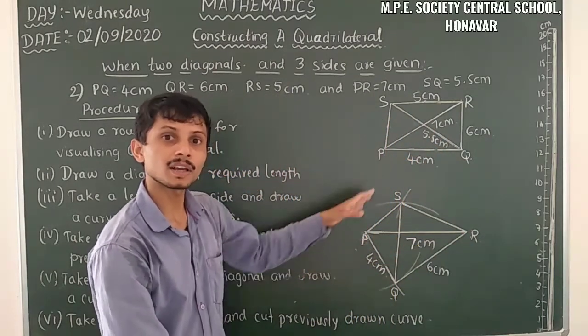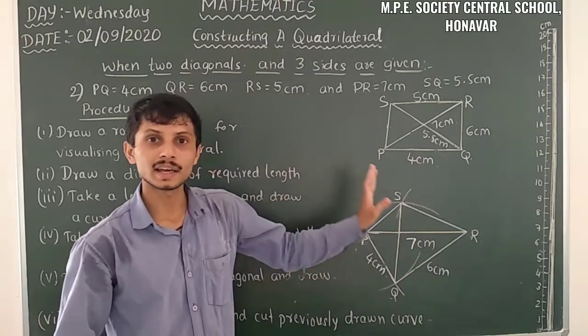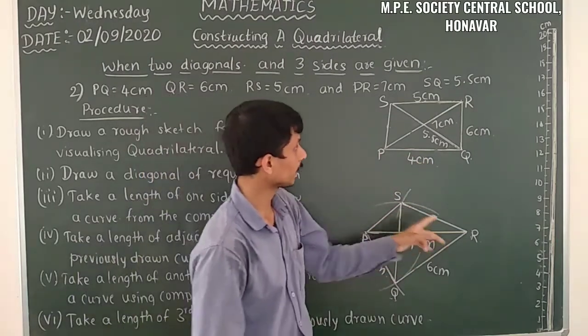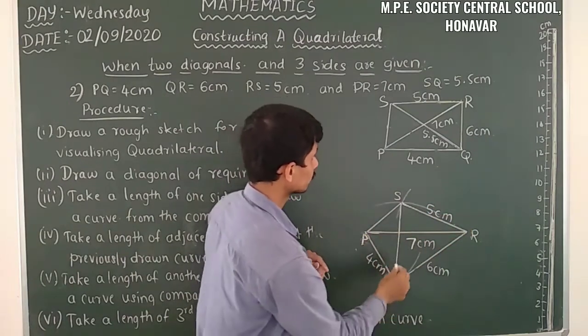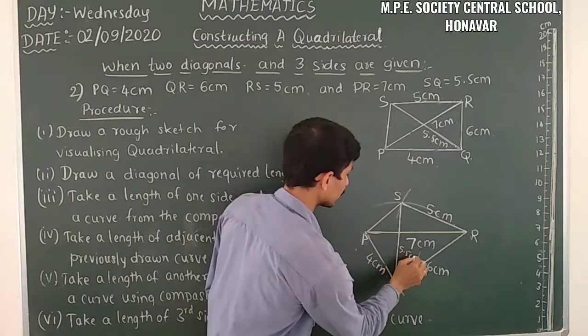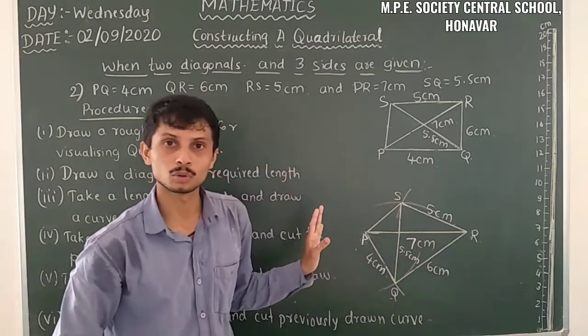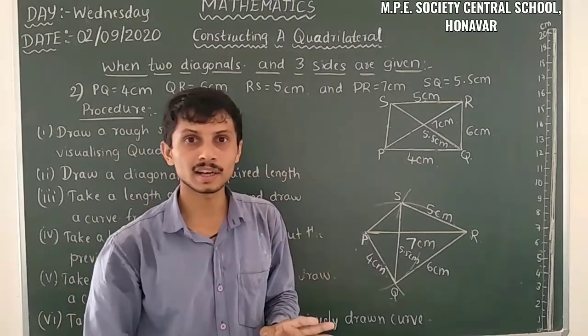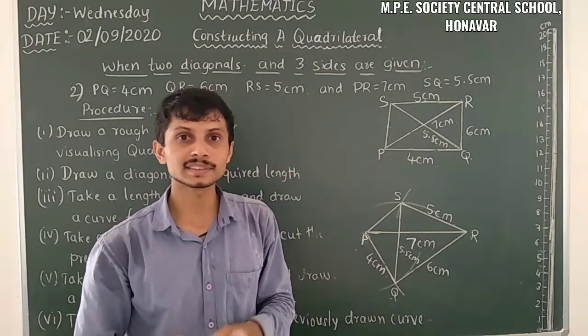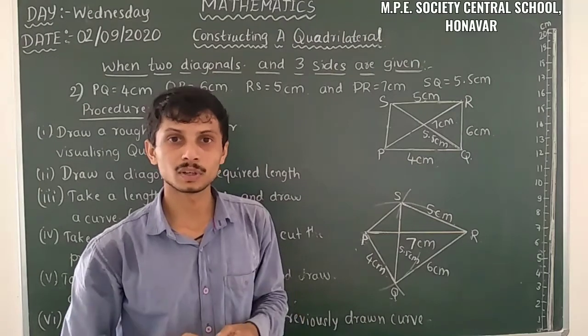After that, label all the sides and diagonals. It is of length 5 centimeters and of length 5.5 centimeters. PS we don't know. So this is the procedure to draw a quadrilateral when two diagonals and three sides are given.